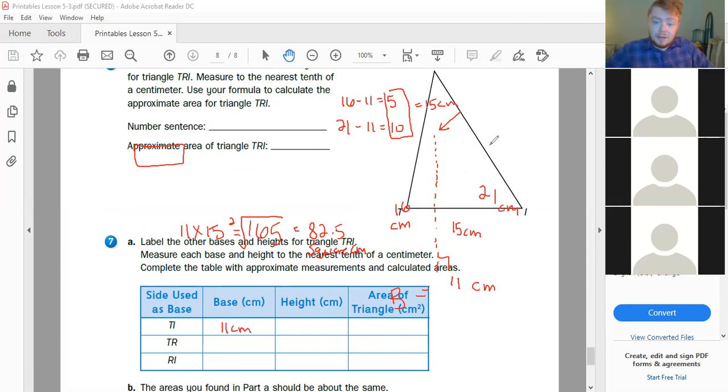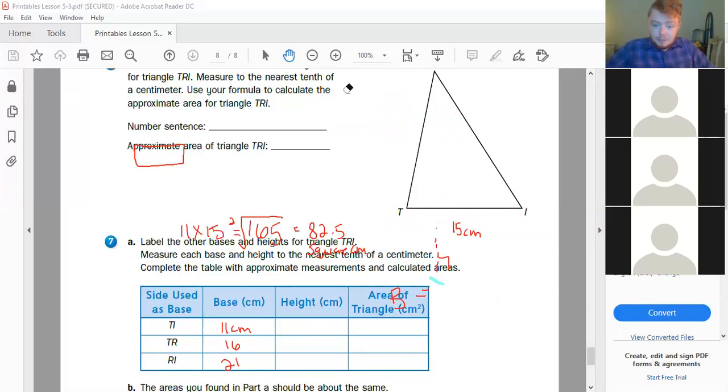R to I, that would have been our 21. And if we made our base T to R, that would have been 16. Okay, so I'm just filling in the chart. I can erase all this now, thankfully. Erase that, and that was the middle.